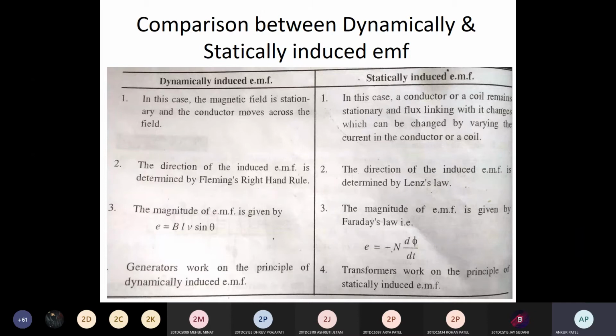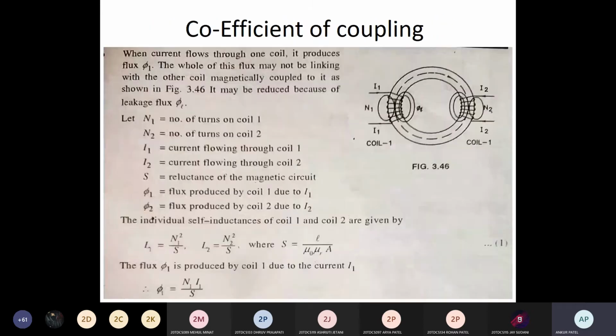So we'll derive the equation for the coefficient of coupling, and we can say how much these coils are coupled together and there is linking of flux between them. Here you can consider this is coil 1 and on the right hand side you have coil 2.